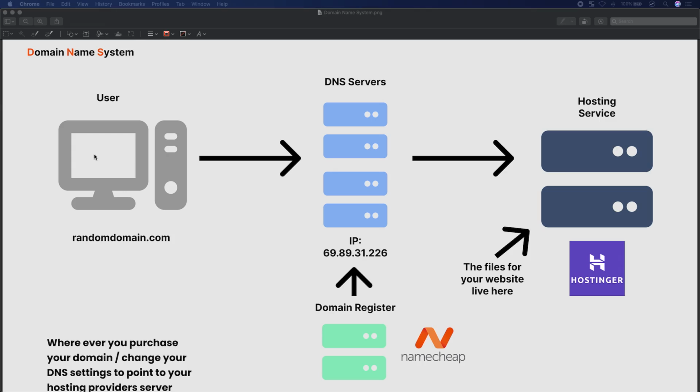All right, so to kick things off, where we're going to start is by going over what web hosting is, okay?